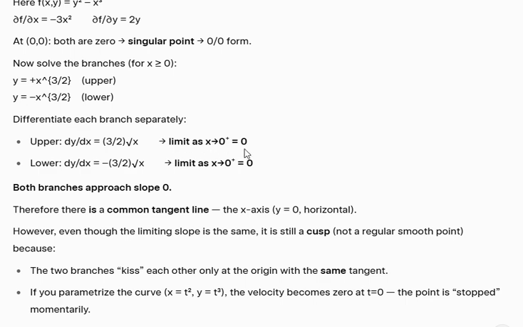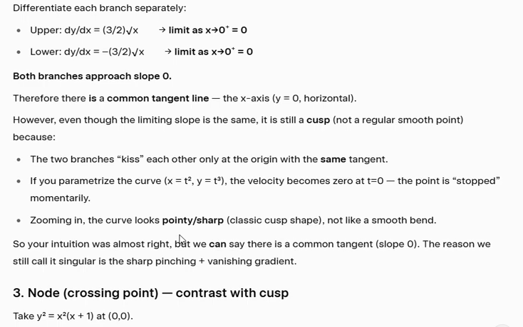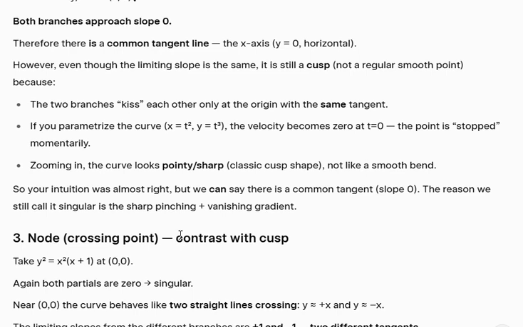One is approaching 0 from the positive side and one is approaching from the negative side. Therefore, they are not approaching from the same direction, so still it is not a smooth point. Even though they approach the same point, the reason is it is a pinch.